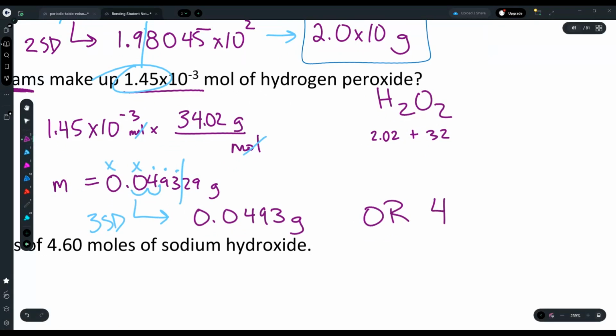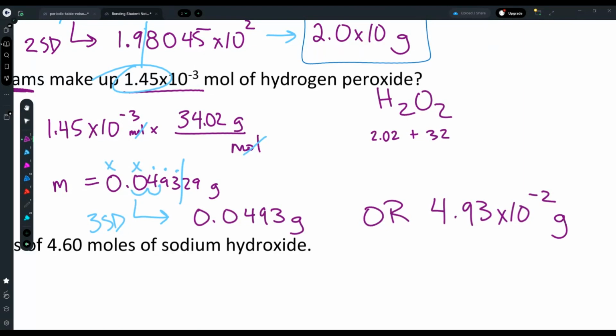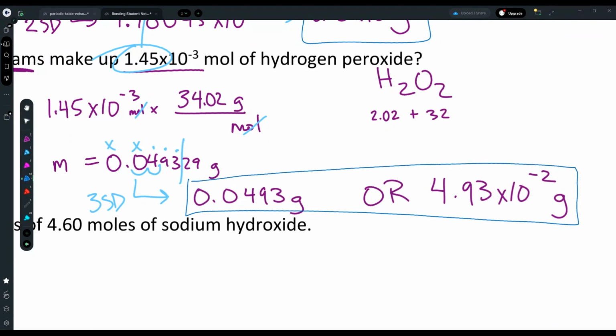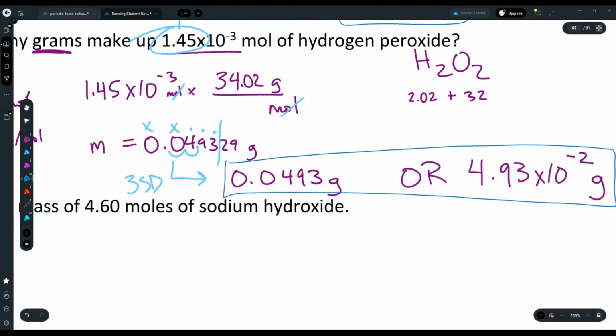So then that would be 4.93 times 10 to the power of negative 2. The exponent's negative because our number was between 0 and 1. And our units, grams. So either one is fine for this case because both numbers have 3 significant digits in them.